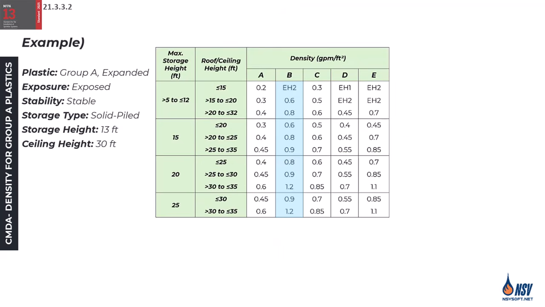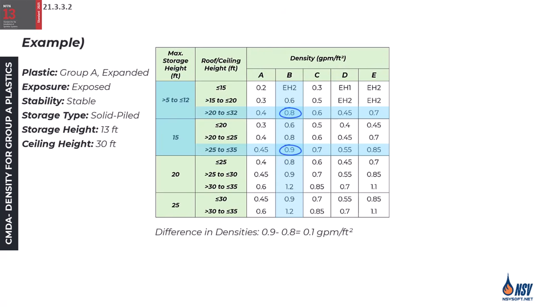To achieve this, we look at the design densities for the nearest listed heights above and below our actual storage height. In our example, the required density for a 12-foot storage height is 0.8, and for a 15-foot storage height, it is 0.9 gallons per minute per square foot.